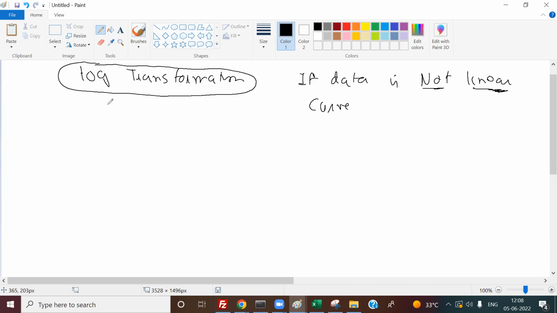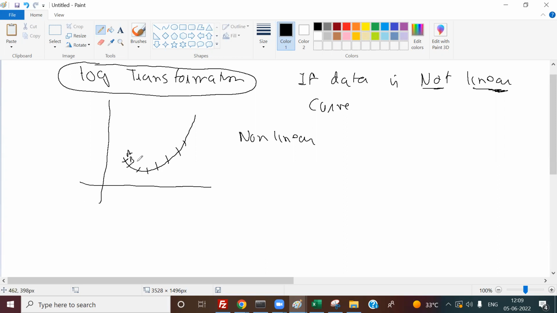Now, suppose, let's say my data is something like this. Obviously, it is non-linear. Now, on this non-linear data, let me put some points.